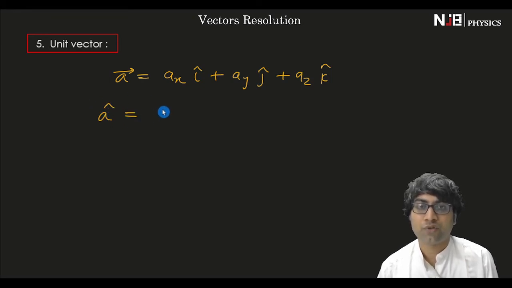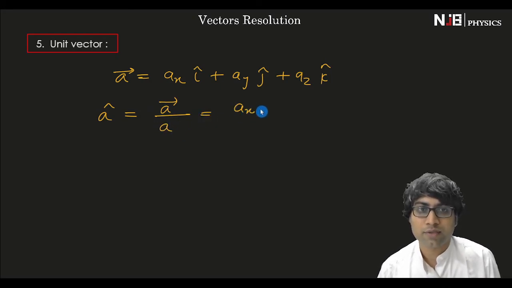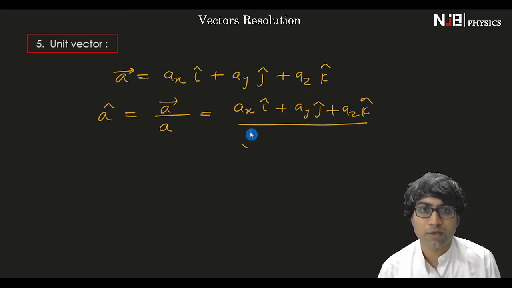The unit vector in the direction of a vector will be a vector divided by the magnitude of a vector, which is equal to ax i cap plus ay j cap plus az k cap divided by the magnitude of a vector, which is the square root of ax square plus ay square plus az square.